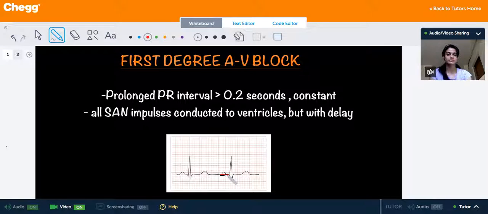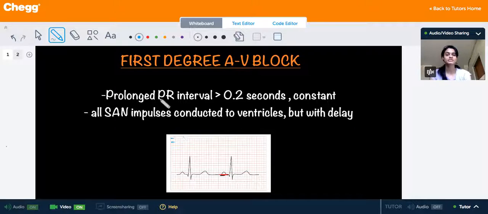Normally this PR interval is 0.2 seconds or less. On this ECG graph paper, the smallest square is equivalent to 0.04 seconds. So this little blue thing right here that I've drawn, one tiny square, is 0.04 seconds.